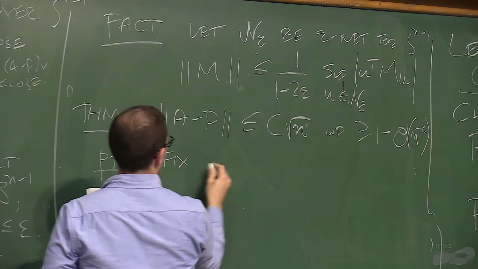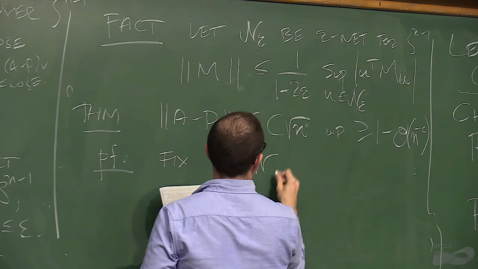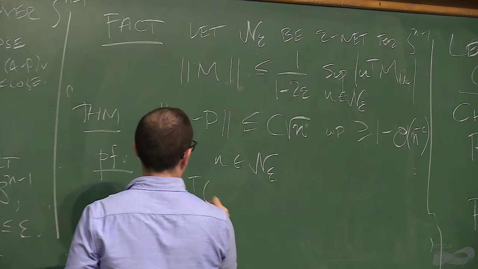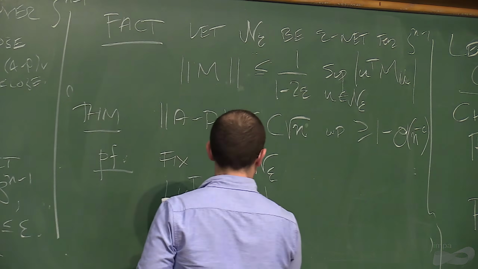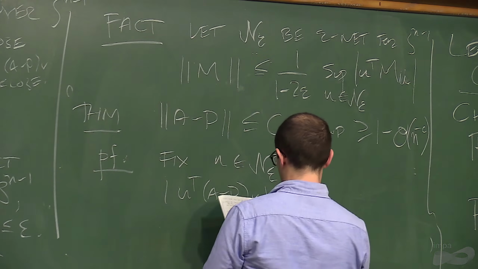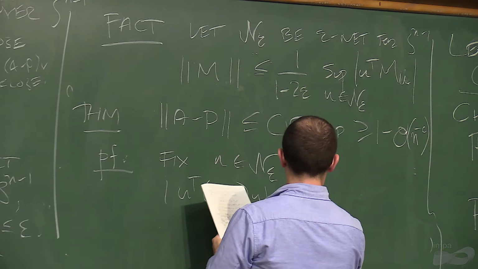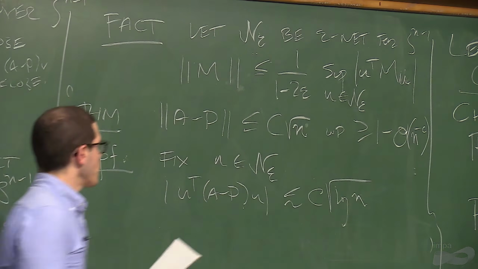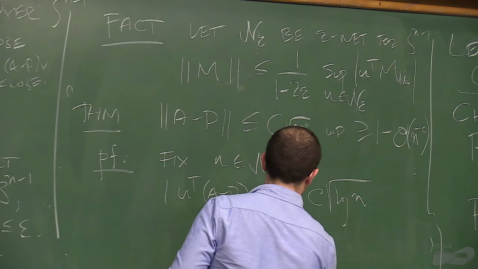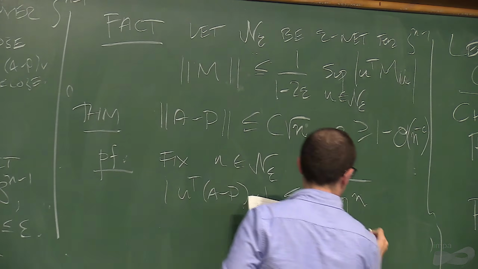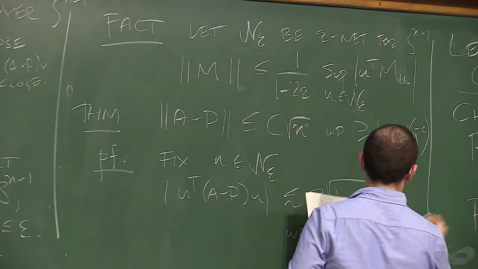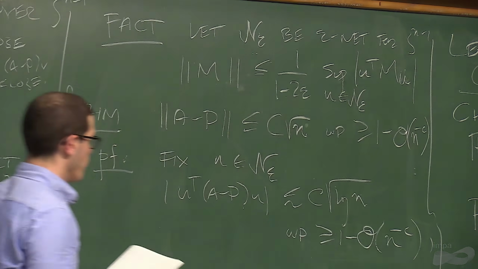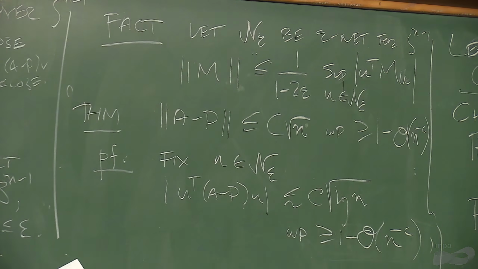So fix some u in my epsilon net. Then u transpose (A minus P) u is going to be less than or equal to c square root log n, with probability at least 1 minus n to the negative something. This little c and that little c are going to be off by one or two from each other. It's not going to bother us.